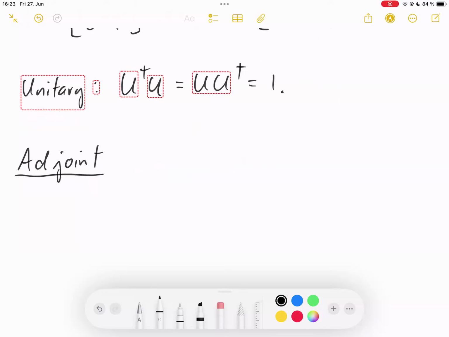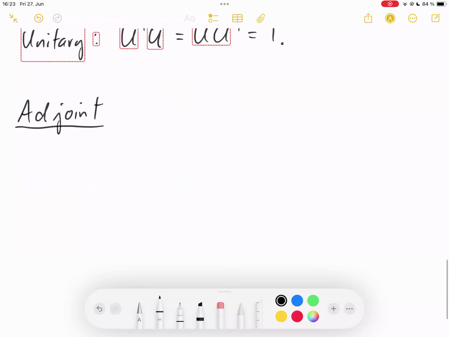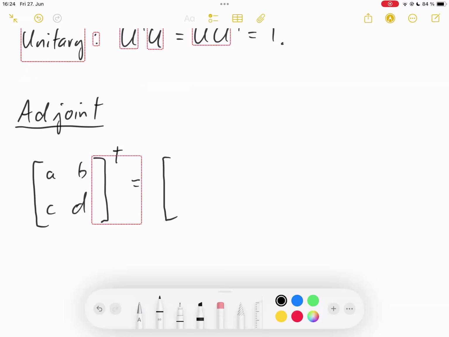And the adjoint means the following. So let's say I have a 2 times 2 matrix. It's A, B, C, and D. And I apply the dagger. Then the adjoint of this matrix is first of all a transpose. So A and D stay, but B and C are flipped.